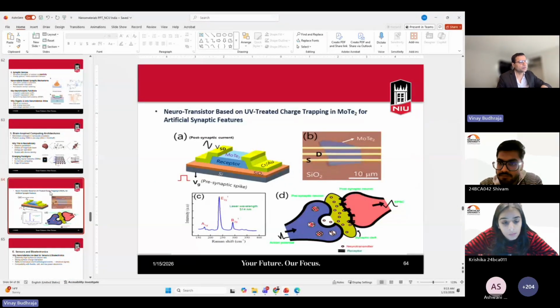In the case of MoTe2, mainly with molybdenum, the advantage is that molybdenum-based compounds are available both in the semiconductor form and in the oxide form, and the interface of the oxide with the semiconductor in that case is really perfect. So if I have to choose, I will choose the molybdenum-based 2D semiconductor.